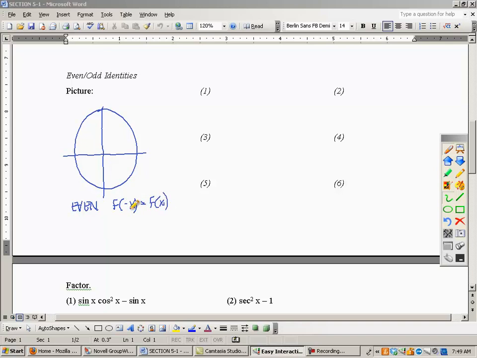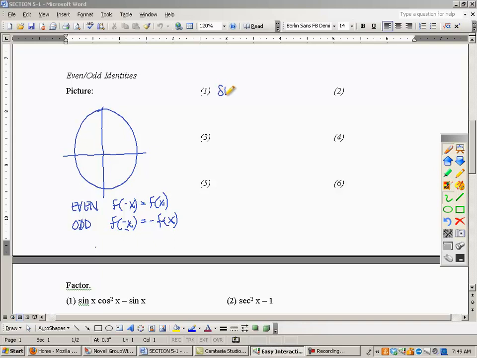So if I put in a negative, I should get the original out. If it's odd, we said f of negative x equals negative f of x. So what it says then is if I put in a negative, I get the opposite out. And we're going to show you this idea in the trig version of it as well.